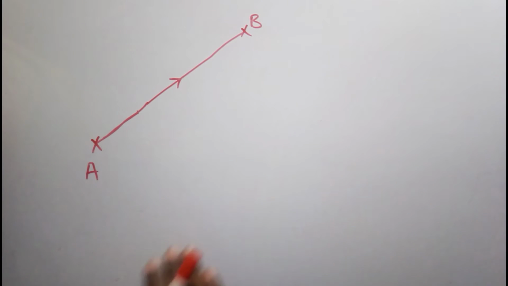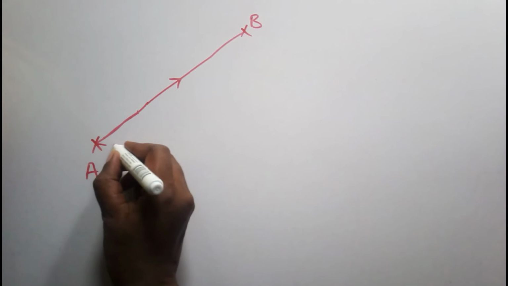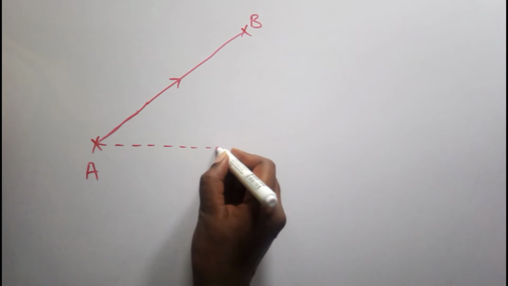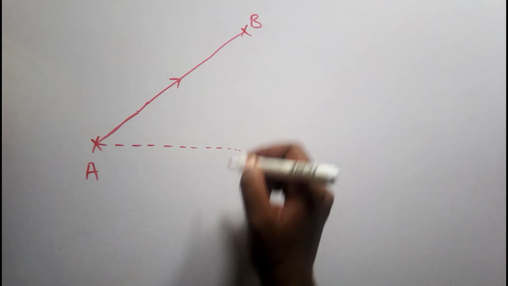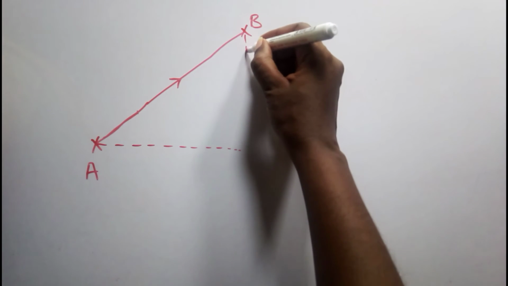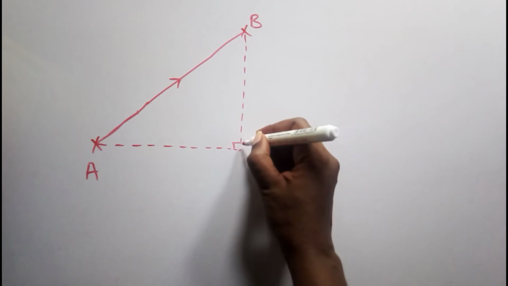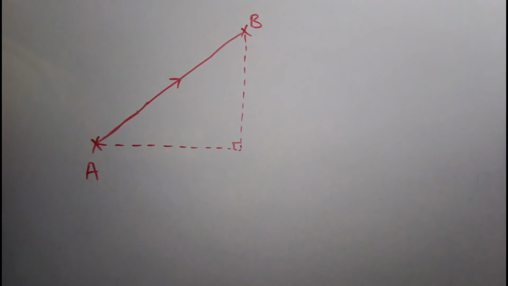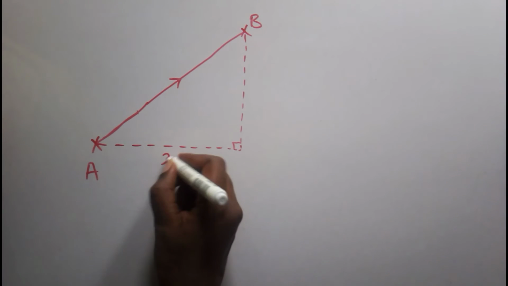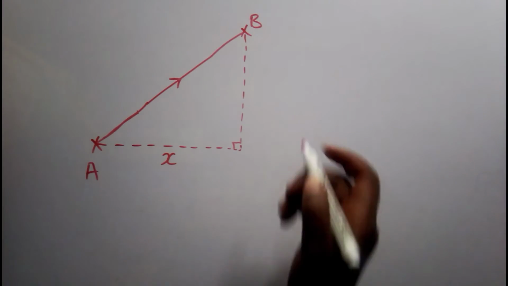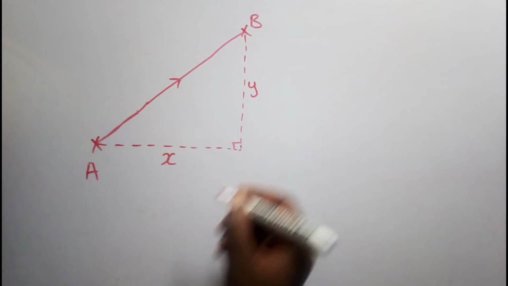Now let us say we have vector AB, which is represented by the line that you see right there, which means it's like a displacement from a point A to point B. Vector AB has an x displacement, which is the horizontal displacement, and the y displacement, which is the y component of the displacement, that is vertical. So let me label them x right there and y right there, as you can see.